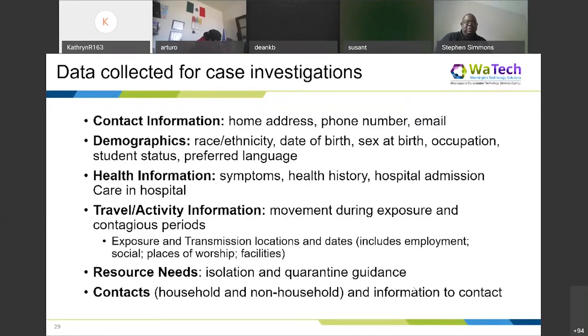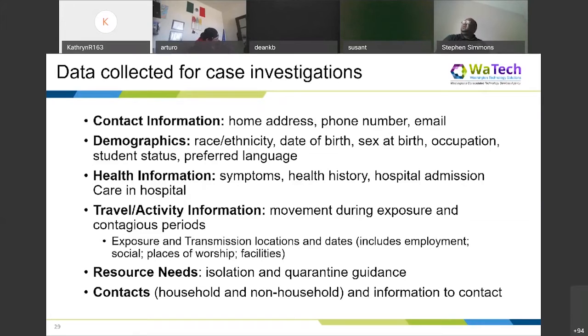So health information is also collected, including symptoms, health history, whether or not individuals are admitted to the hospital, and what type of care they received in the hospital, which includes whether or not they were on a ventilator or received oxygen as a part of their care.